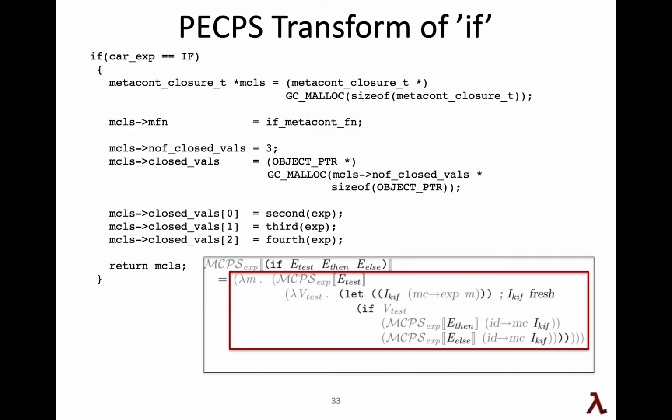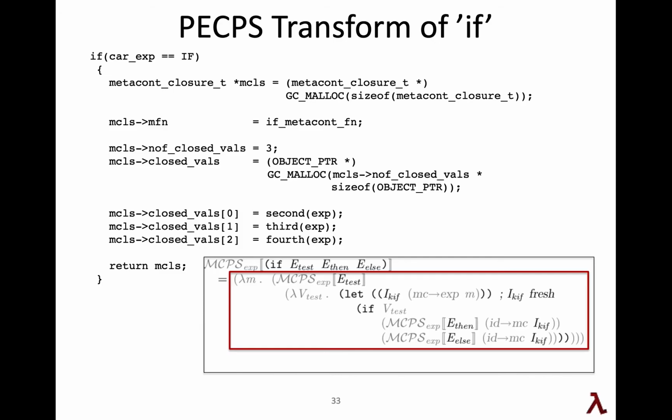Since we don't have OO features in C, what we do is basically a bunch of if-then statements where each clause maps to a particular language construct. So the things to note here are the assignment to if_metacont_fn, which is the implementation for the transformation of the if construct.